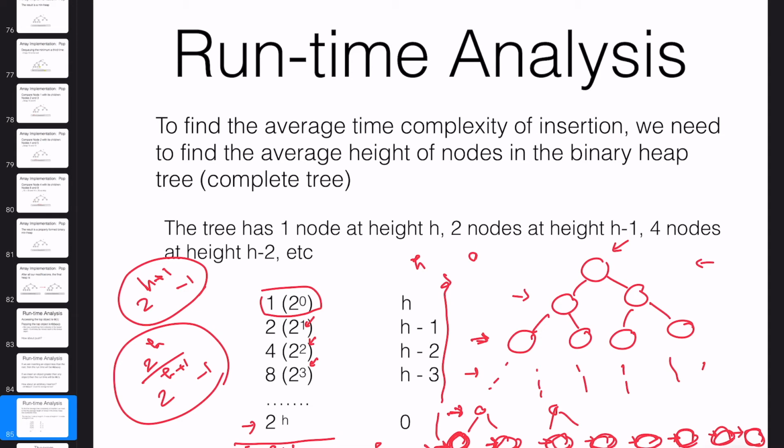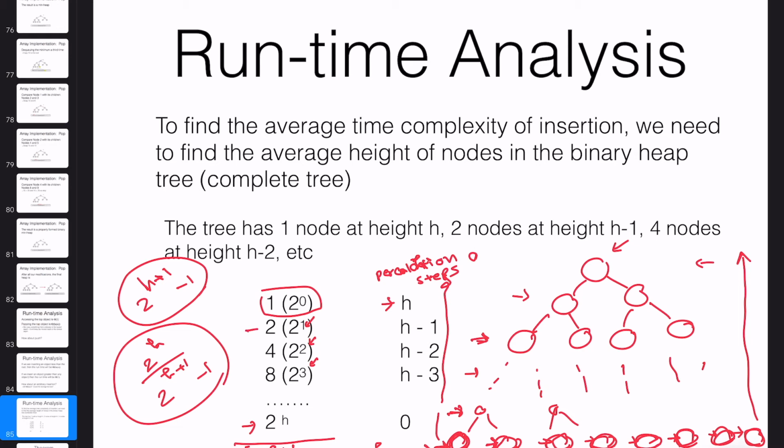And for each of these nodes, how many steps of percolating up do I need? If you insert a value like the value that you have at the root, you have h percolations. You have to percolate up to the root. So the number of percolation steps is going to be h.